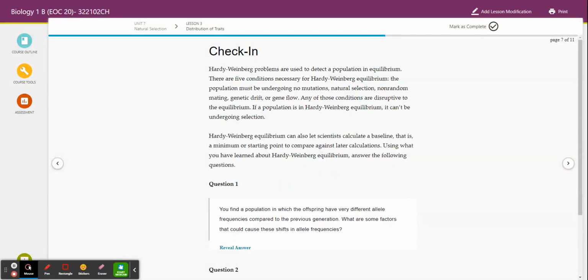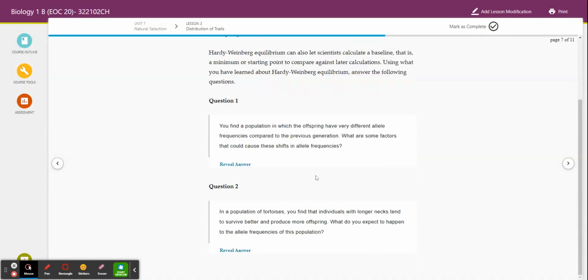If a population is in Hardy-Weinberg equilibrium, it can't be undergoing selection. Hardy-Weinberg equilibrium can also let scientists calculate a baseline, that is, a minimum or starting point to compare against later calculations. Using what you have learned about Hardy-Weinberg equilibrium, answer the following questions.